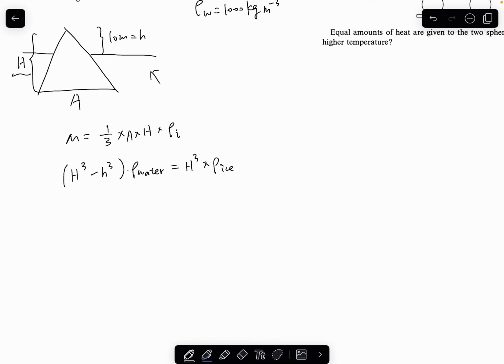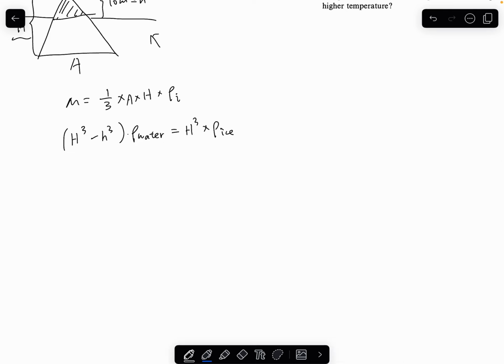Actually, we are lacking some coefficients on both sides, but since the upper smaller one is very similar to the overall iceberg, we can ignore those coefficients.